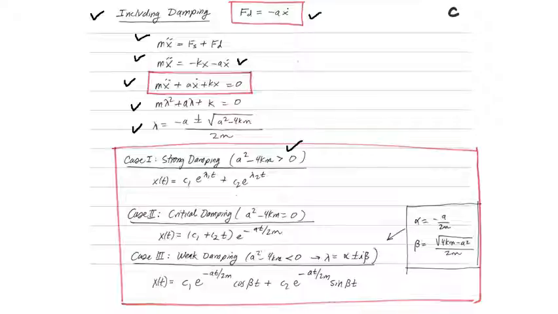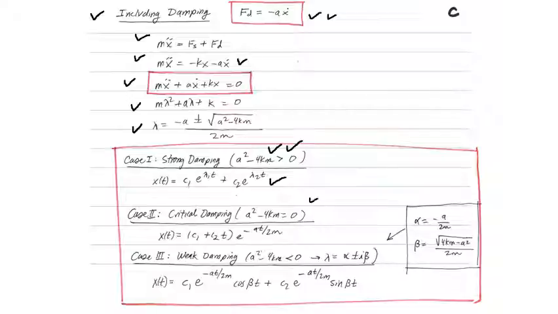The larger A is, the stronger the damping force, as we can see from up here. So if your damping is relatively strong relative to the other parameters in the problem, that expression is going to turn out to be positive, and you're going to end up with two real roots. Case 1, lambda 1 and lambda 2 are both going to turn out to be negative in this type of problem, as we will see shortly when we start looking at some examples.